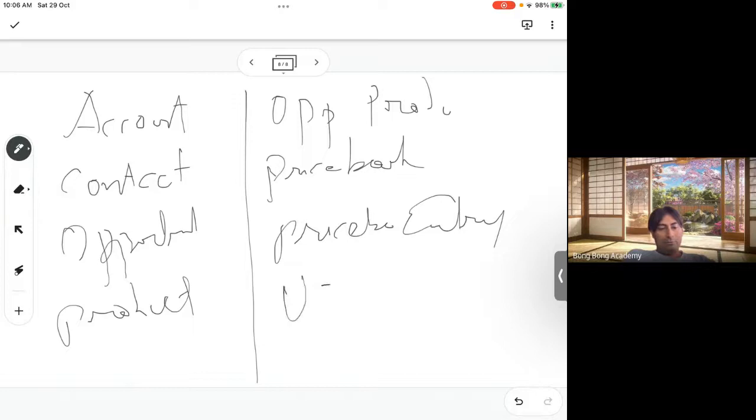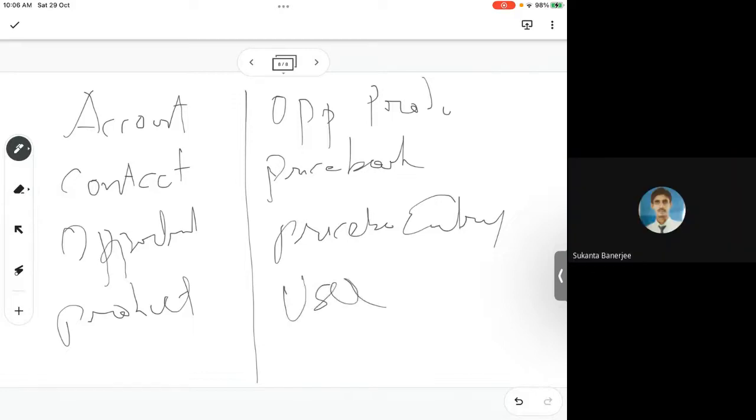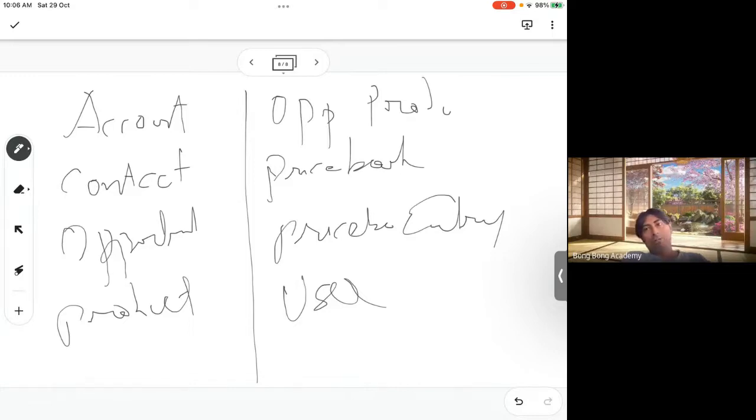We have also talked about user, right? Yes. These are all the tables, and these tables are called standard objects.